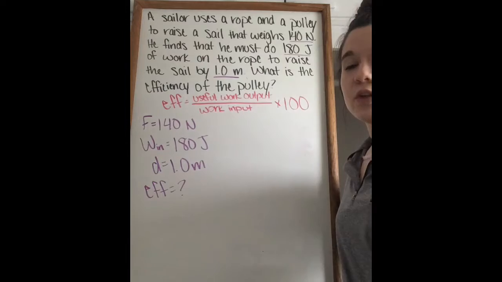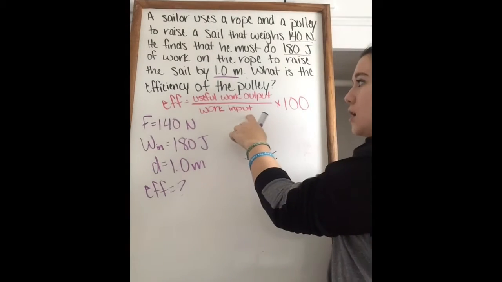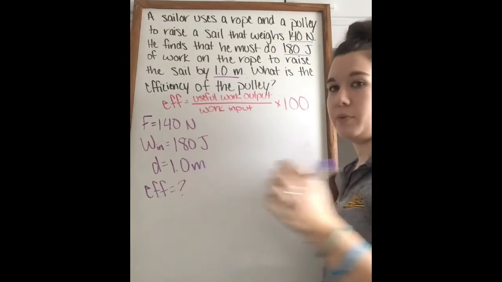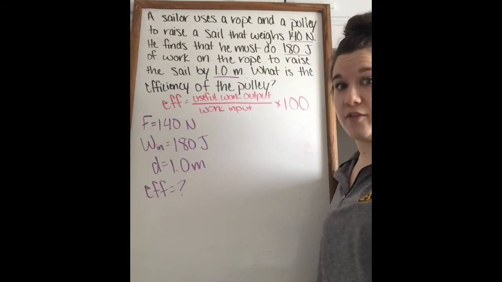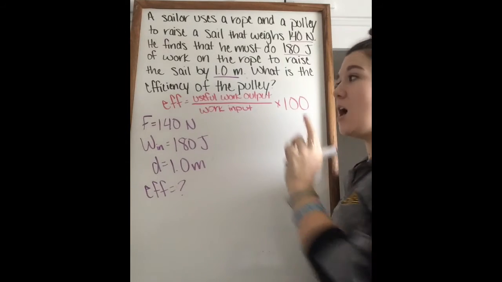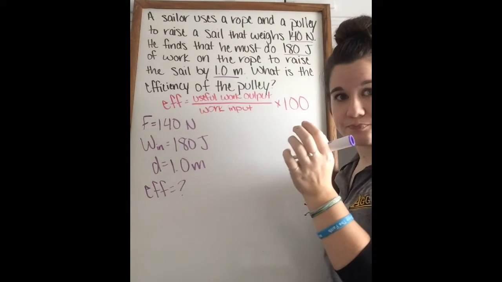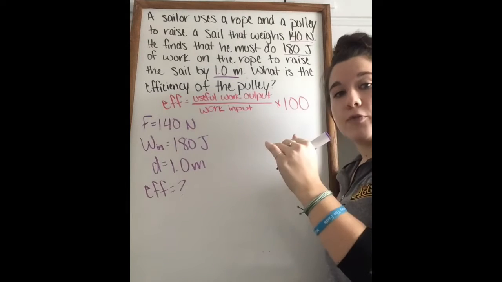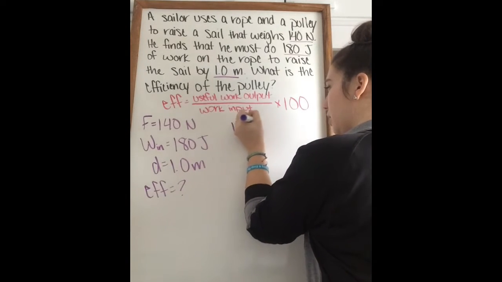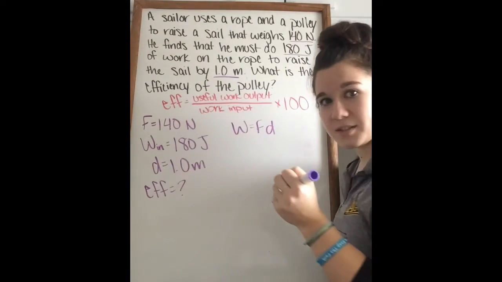Okay. So if we look at our equation, you see that we need work output, work input. We have work input. We don't have work output. We have a force and a distance. So we need to do some calculations before we can plug things into our equation. Okay. Hopefully you remember our equation for work is work equals force times distance.